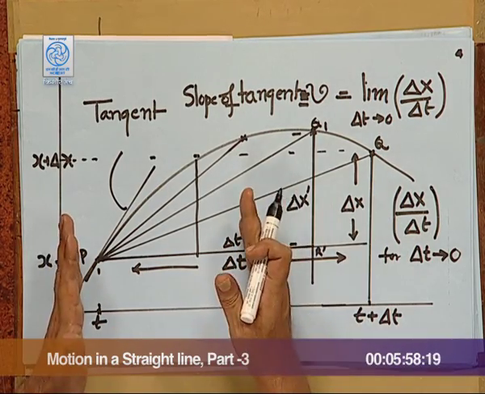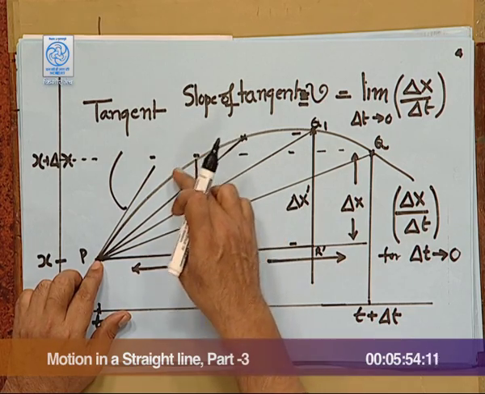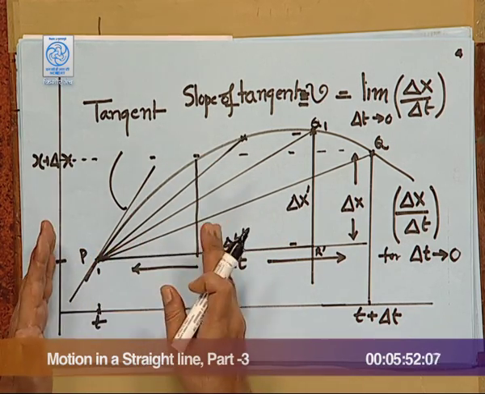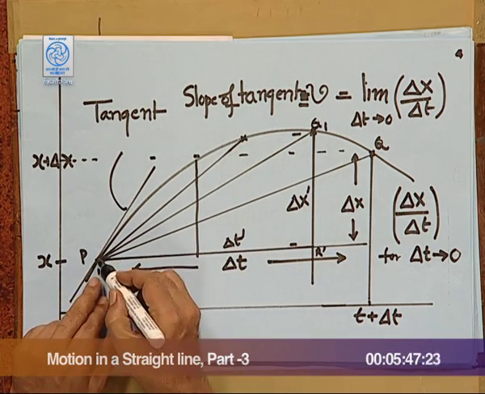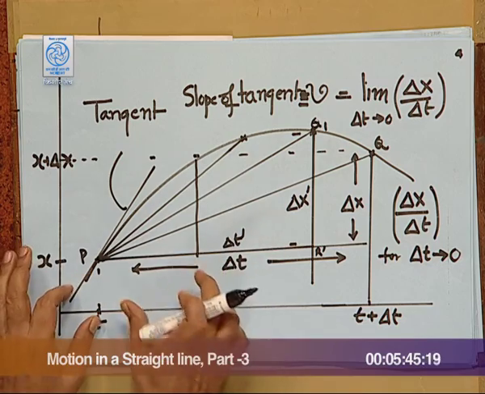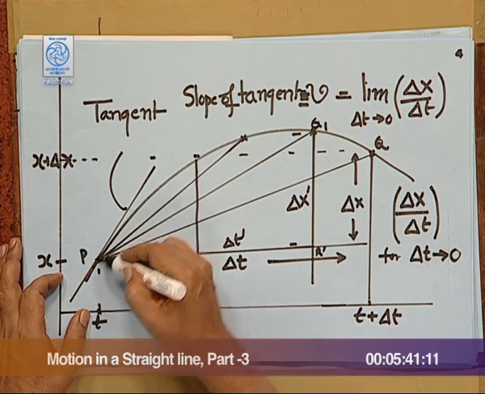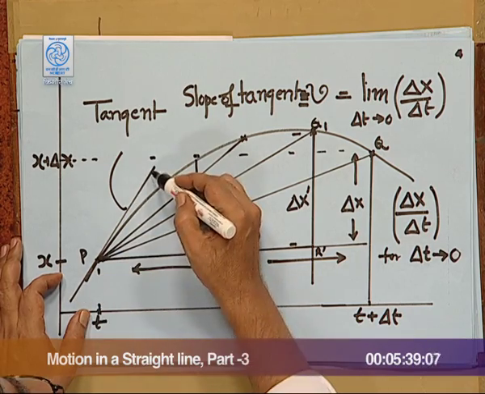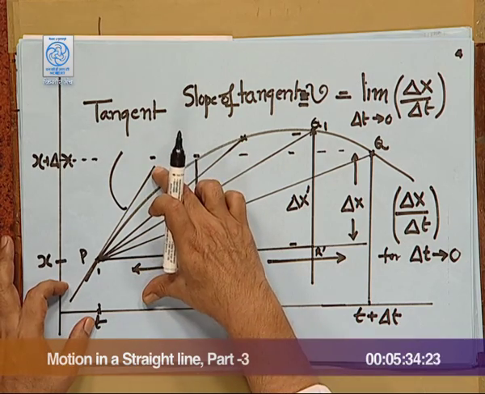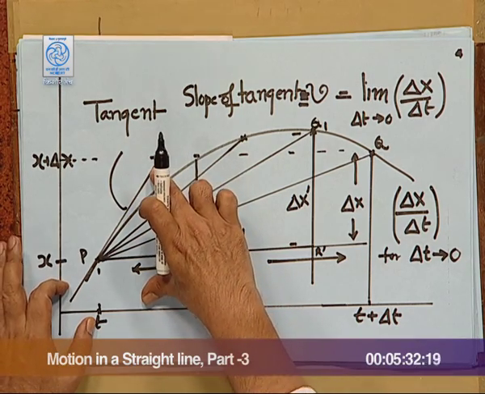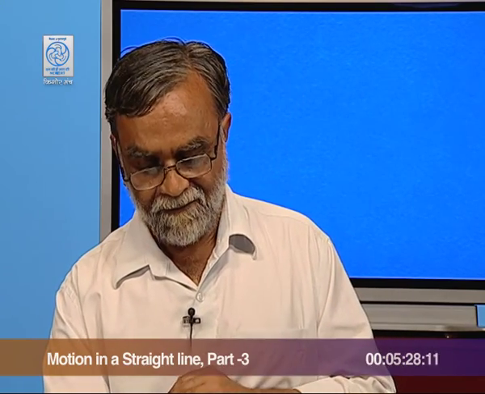You reduce this time gap smaller and smaller, and make it almost 0. In that case, at point P, when you make delta t almost tending to 0, you draw a line which is called the tangent line at the point P, and the slope of this line is called the instantaneous velocity.